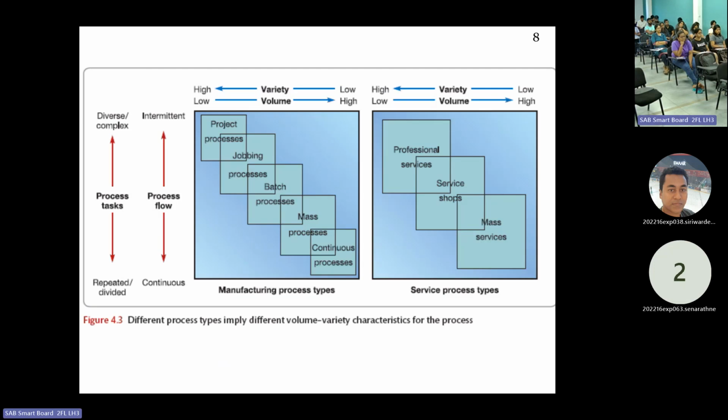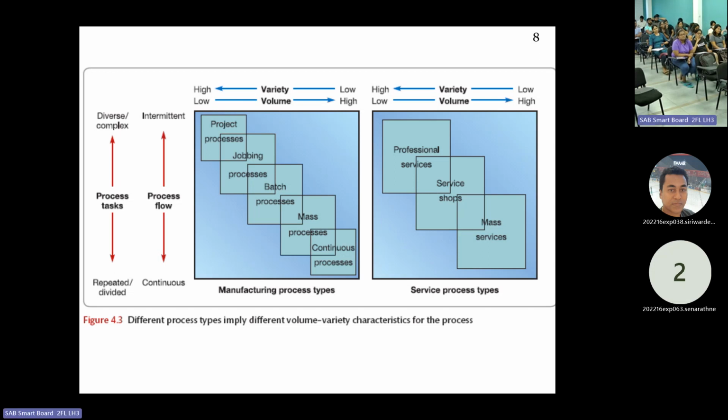Right. Let's try to identify them in a little more detail. This slide, number 8, shows how manufacturing process types can be mapped against the two criteria. What are the two criteria? Volume and variety. On this end is low volume and on that end high volume.